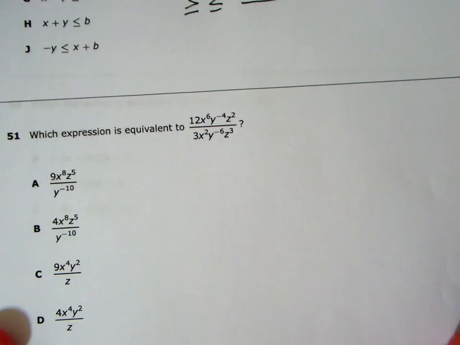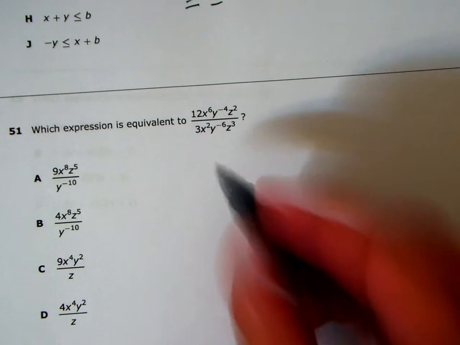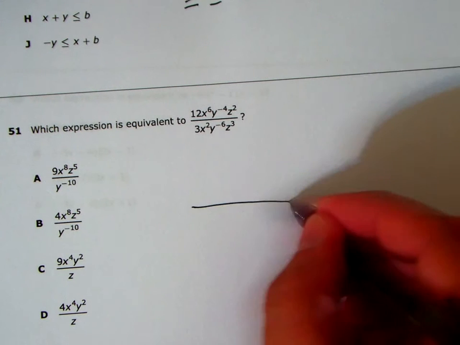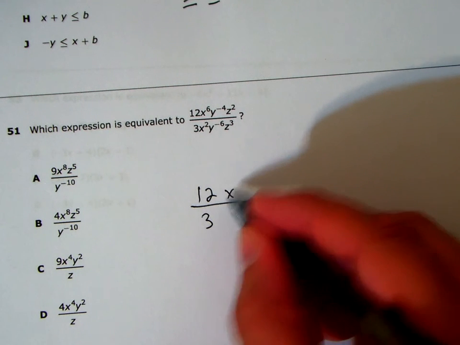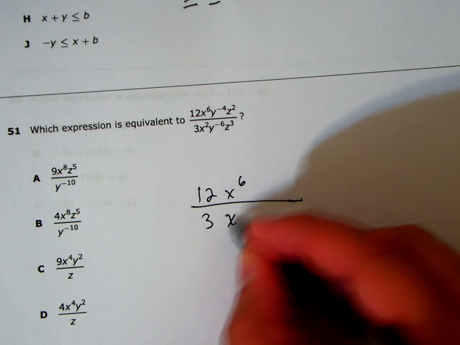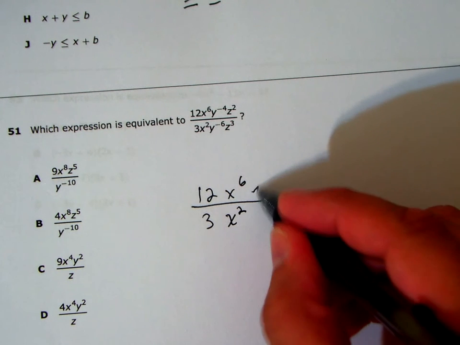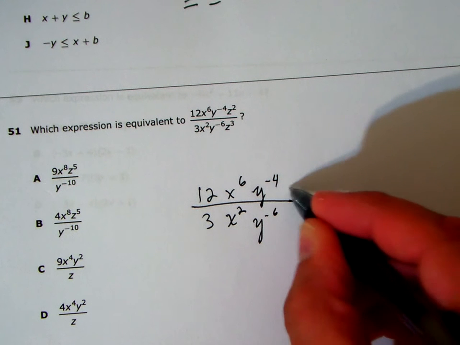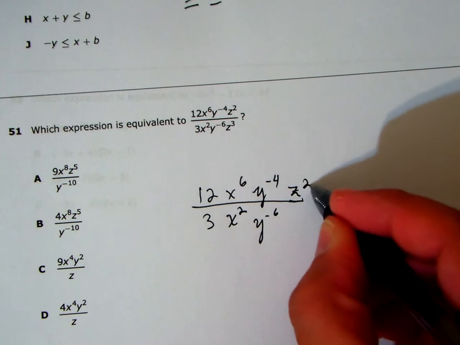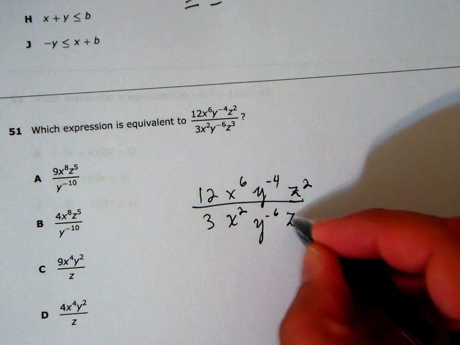So let's look at 51. Here's 12, here's 3, x to the 6, x to the 2, y minus 4, y minus 6, z 2, z 3.